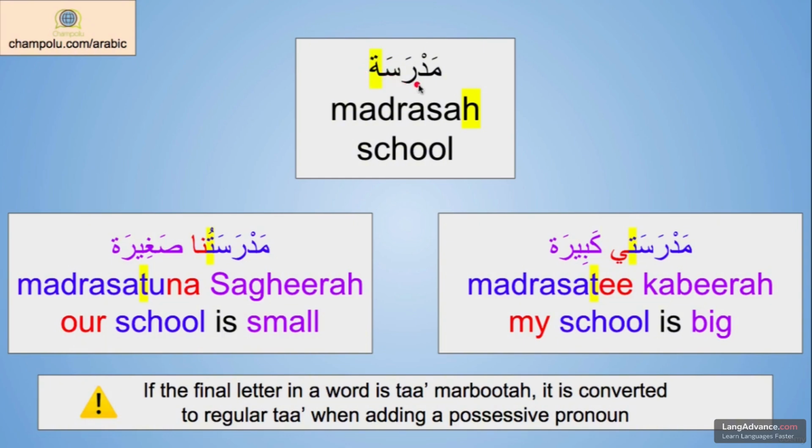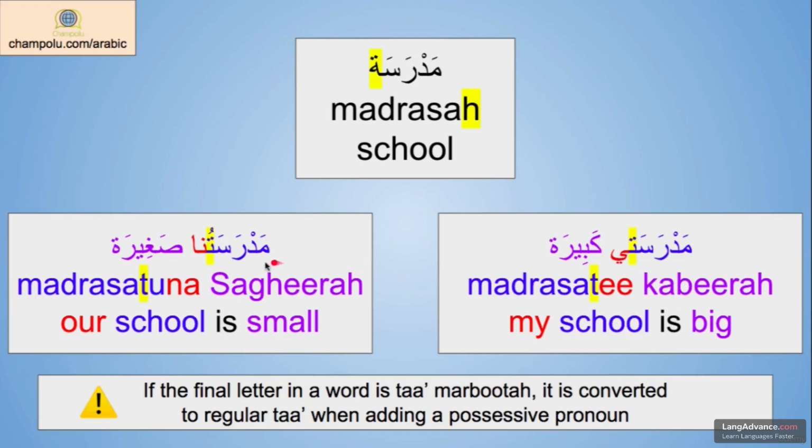So when you talk about a noun like madrasa, school, which ends with this ha sound, and you want to say my school, it becomes madrasati. So the h sound becomes t sound. Madrasati kabira. My school is big.